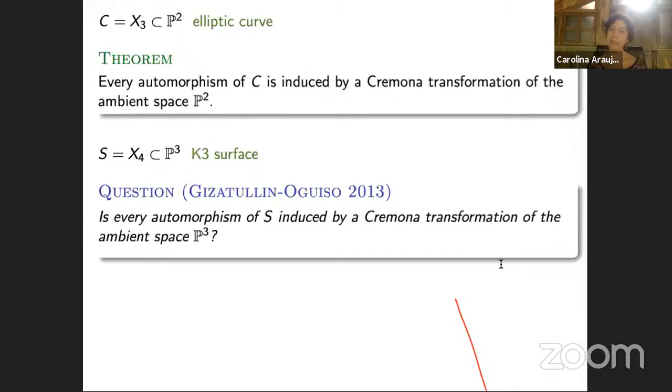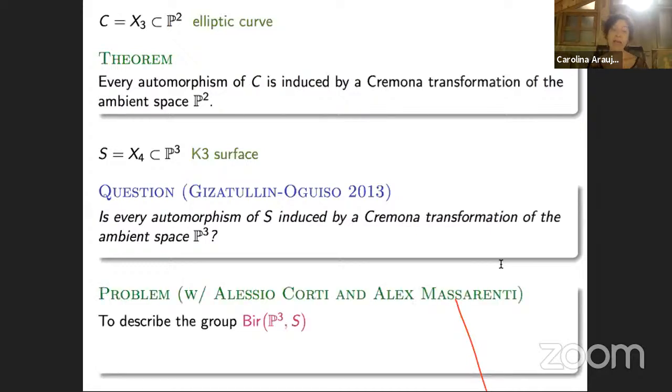He exhibited a quartic K3 surface in P3 having an infinite cyclic group of automorphisms, for which the generator is not induced by a Cremona transformation of P3. This is a very interesting example, and it opens the door to trying to understand this question more deeply.